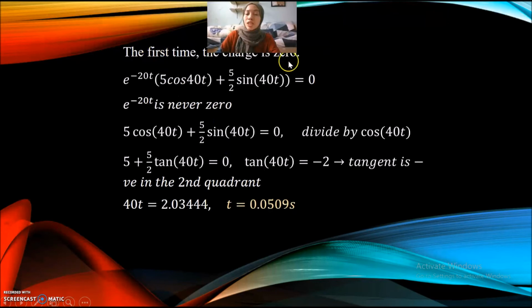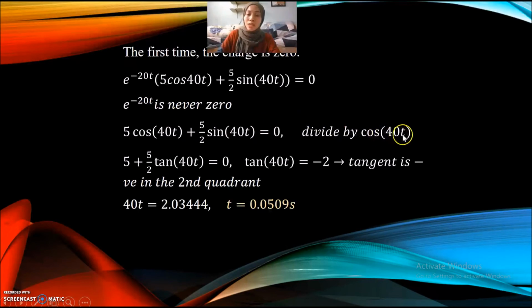Now, the first time the charge is 0. We take the equation of Q(t) equal to 0. The factor e to the power of negative 20t will never be 0, so what's left is 5 cosine 40t plus 5 over 2 sine 40t equals 0.